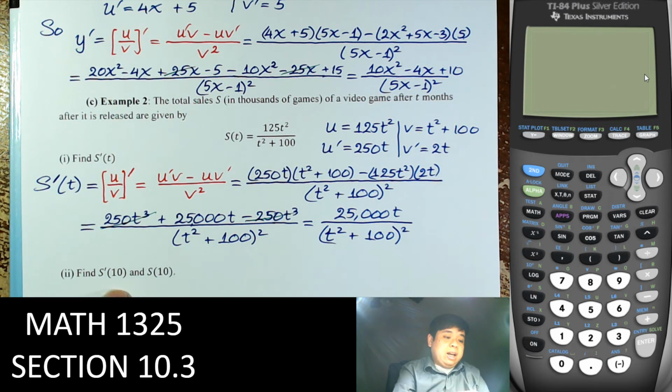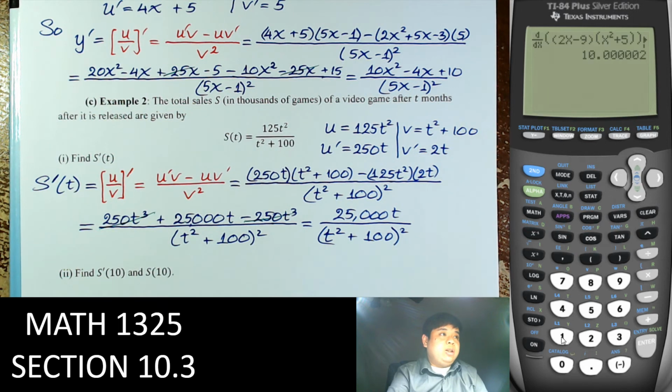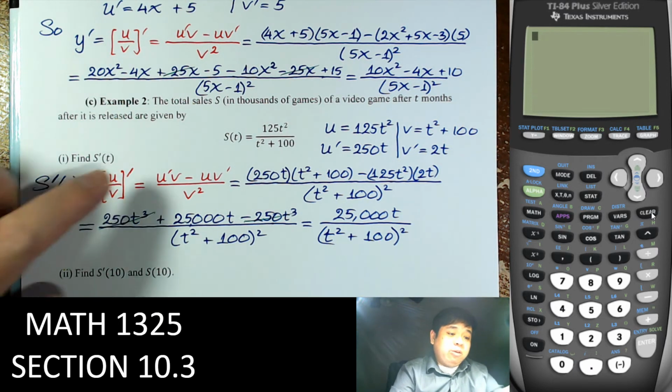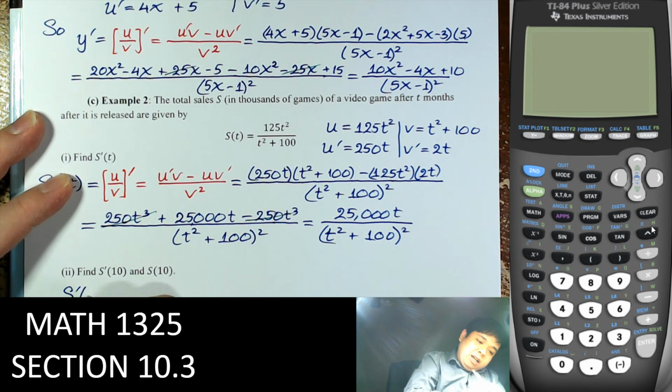Now we just evaluate the derivative at 10, and evaluate the function at 10. So first we store 10 into x, or t, doesn't matter. I use x. Right. And then the derivative at 10.